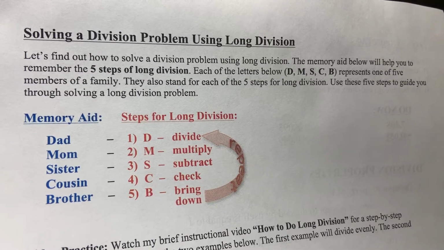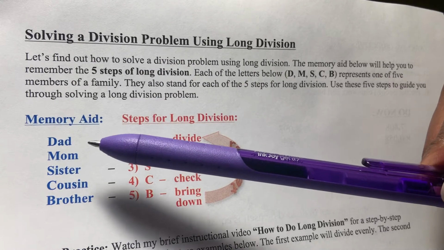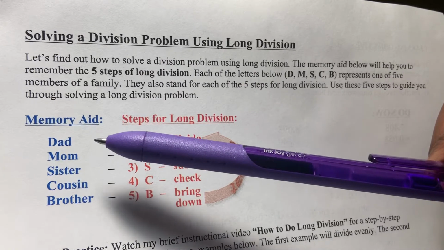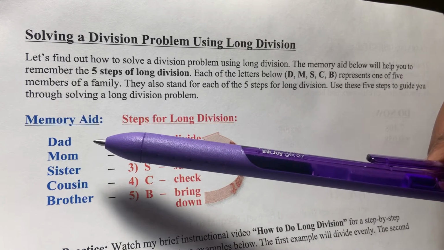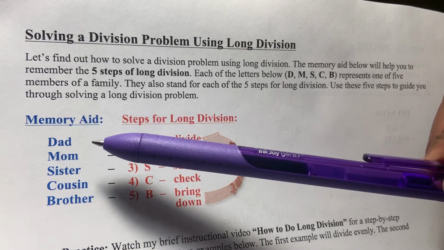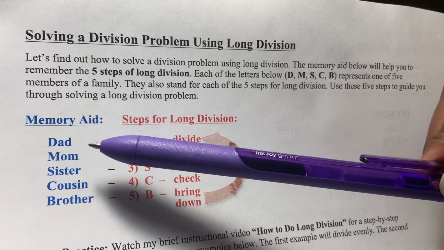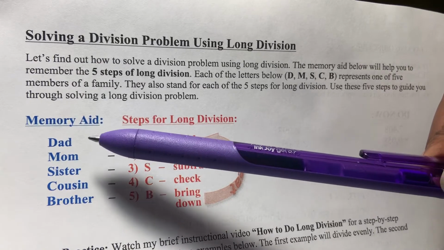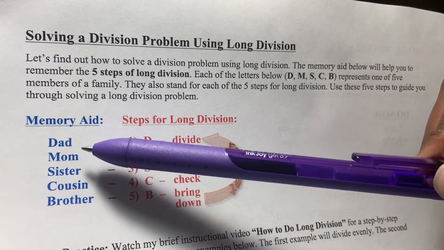So the memory aid you see here is very similar to, for example, the memory aid for order of operations, also known as PEMDAS, right? Please excuse my dear Aunt Sally. But the memory aid for long division is the 5 members of a family.